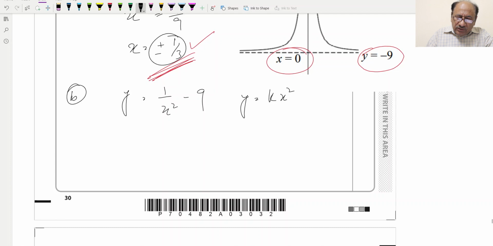So now we can equate these two equations.